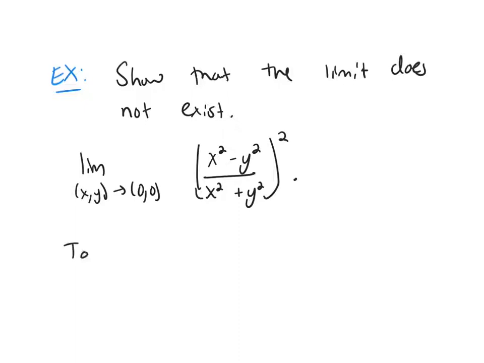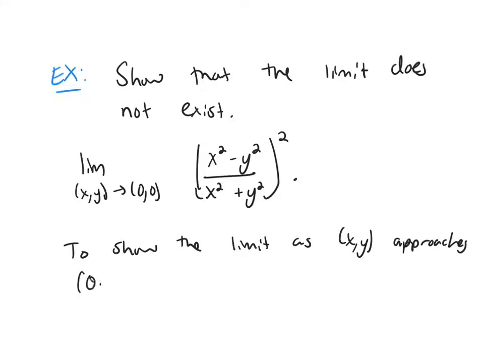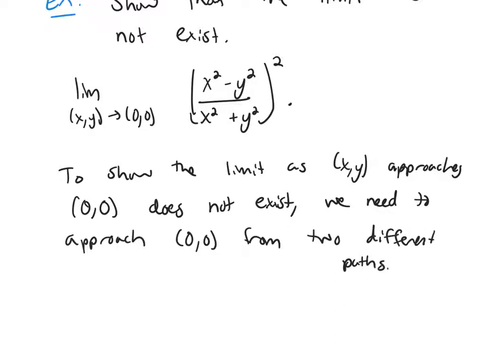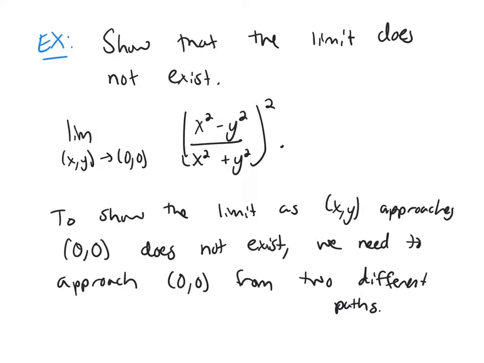So I'll say to show the limit as (x, y) approaches (0, 0) does not exist, we need to approach (0, 0) from two different paths. So let's think about approaching (0, 0) from two different paths.